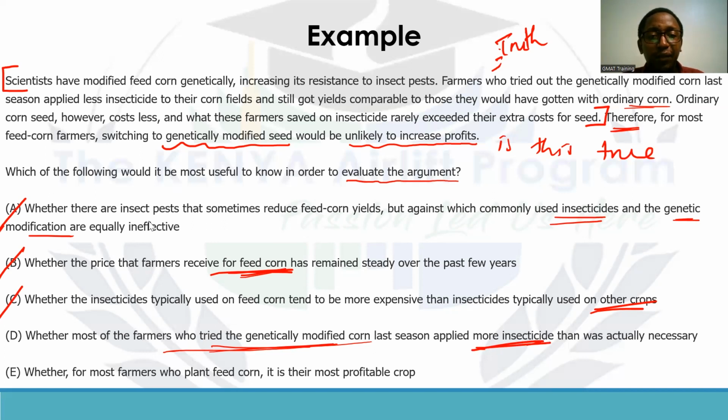This actually means that if they did use more insecticide than was actually necessary, we can say that this argument is probably false, because if they used exactly the right amount of insecticide, they would probably see increased profits because it's less cost. And on the other hand, if they did not use more insecticide than was actually necessary, then this argument is probably true. So this will be very useful to know in order to evaluate the argument. So it's just evaluating the truth of the argument.